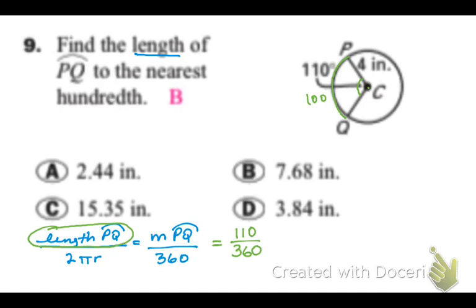So we're going to cross multiply, and so we're going to have 360 times the length of PQ, okay, there's my cross right there, is equal to 2 pi r, and our radius is given as 4. Here's our radius.